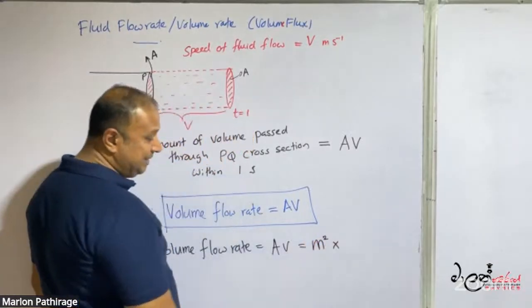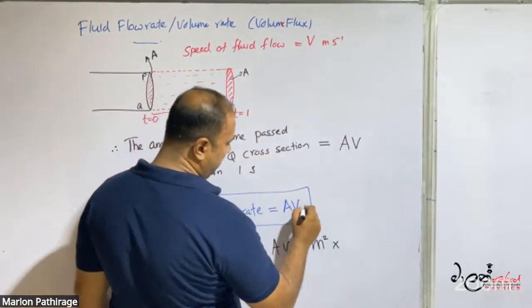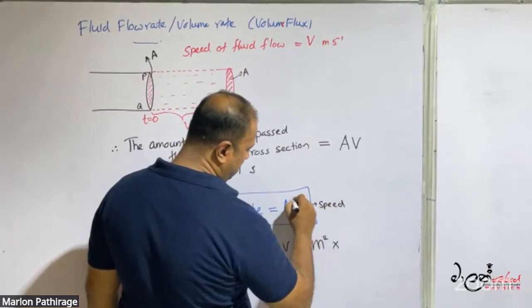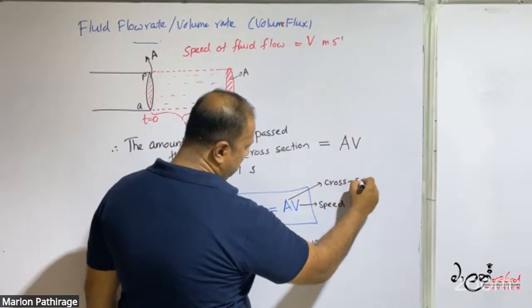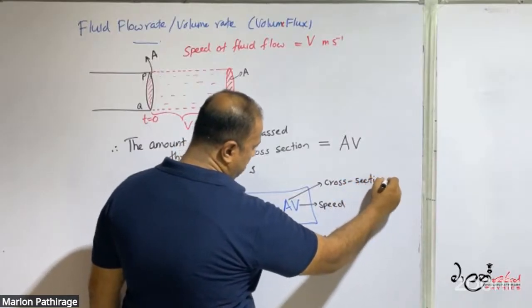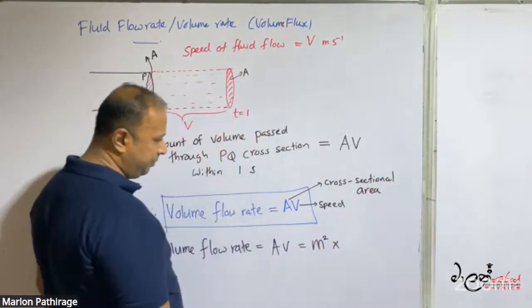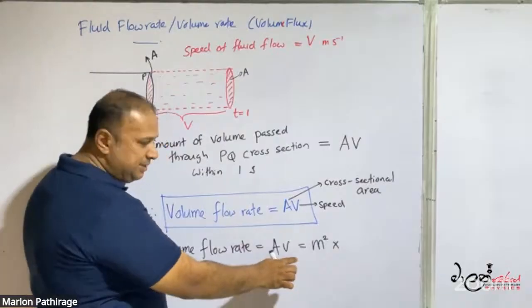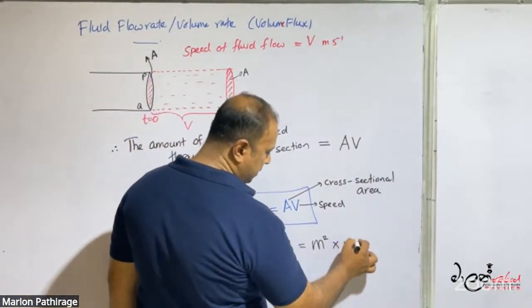V means the speed, so its unit is m s minus 1.